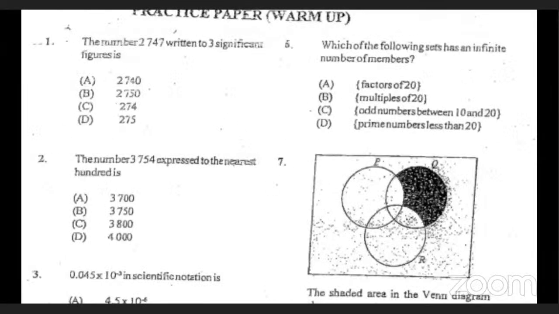All right, so I'm going to explain the second way. Miss Campbell did a really good job with the first method when it comes to the 3,700 and the 3,800. To say that 3,754, which one would it be falling closer to? So you have 3,700 and 3,800.